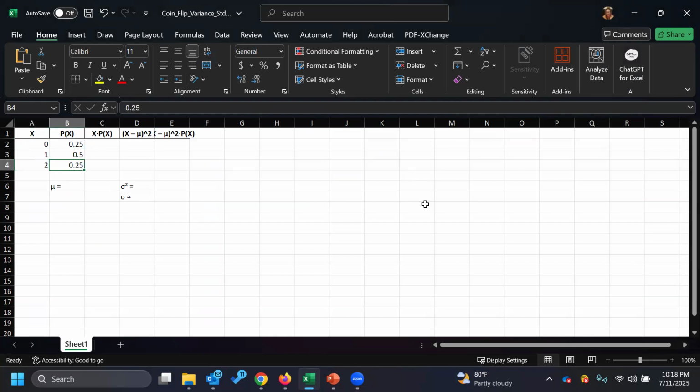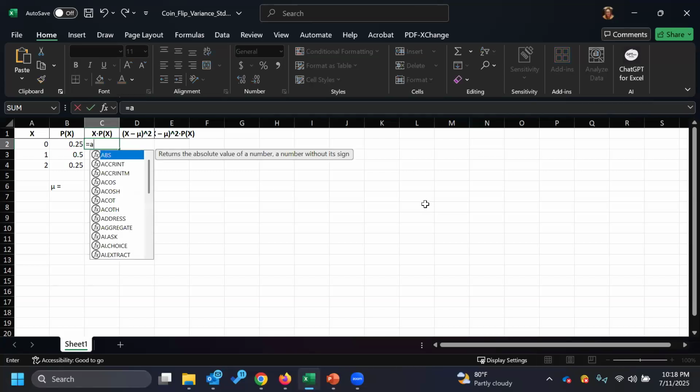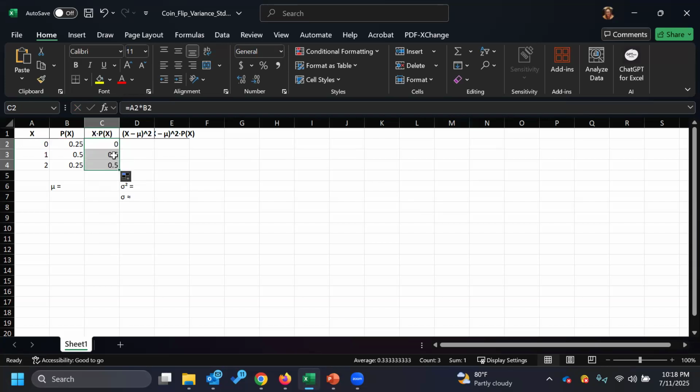And 2 heads, 0.25. All right, so to get x times p of x, we're just going to multiply A2 times B2. And then I can go and grab this corner and drag down to fill in the formula, right? And it automatically adjusts the formula, right?